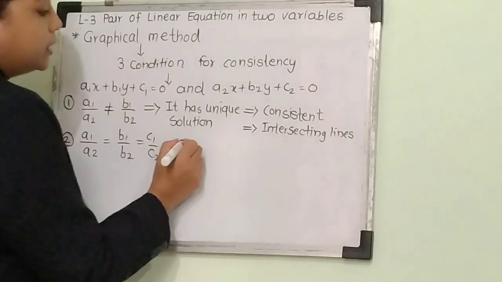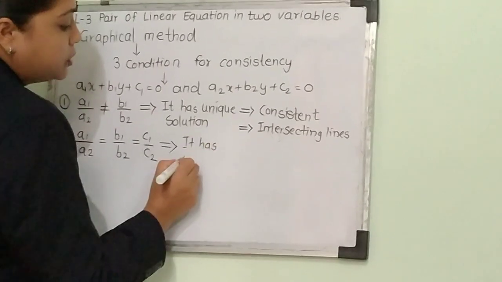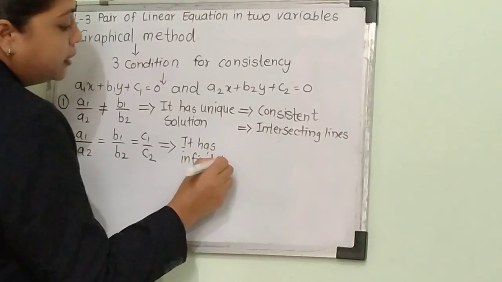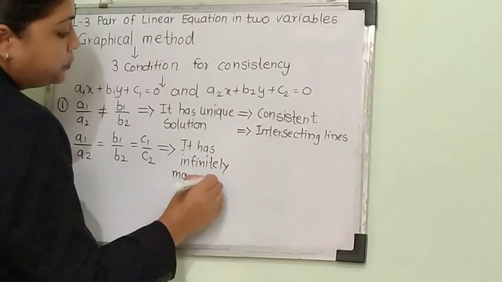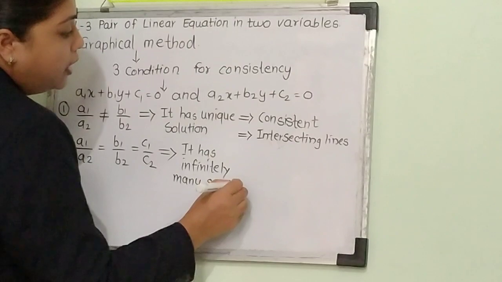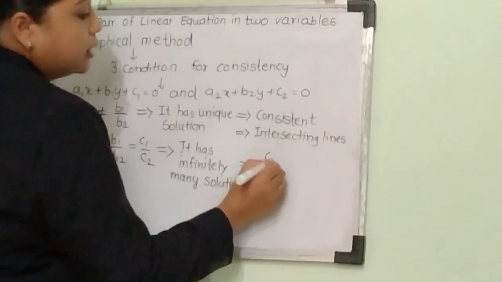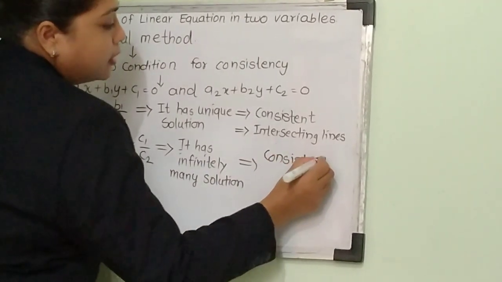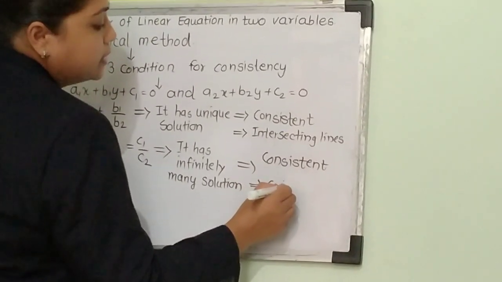It means that it has infinitely many solutions. Once they have a solution, again it is consistent, and these lines are coincident lines.